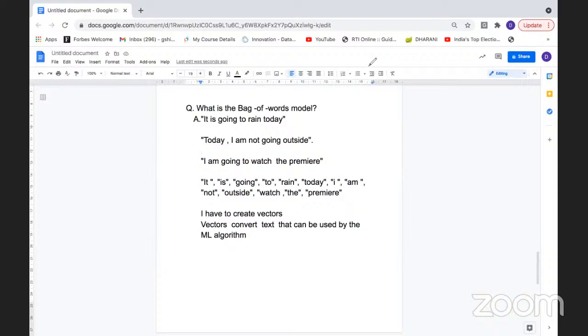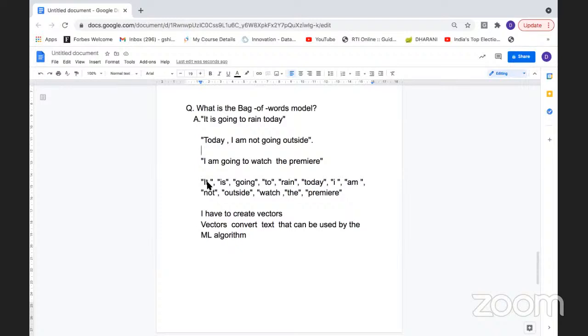Trigram doesn't make any sense here, right? Each word as a token is called a gram, and a vocabulary of two-word pairs is a bigram, right? And the process of converting this NLP text into numbers is called vectorization.